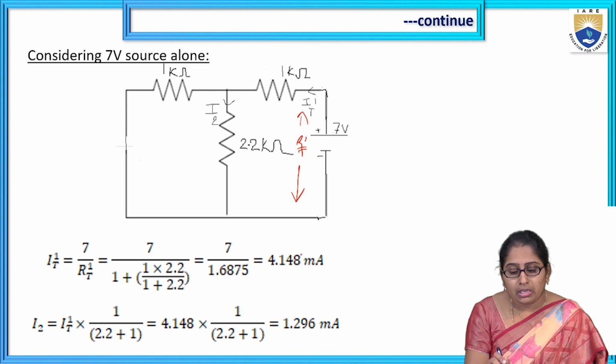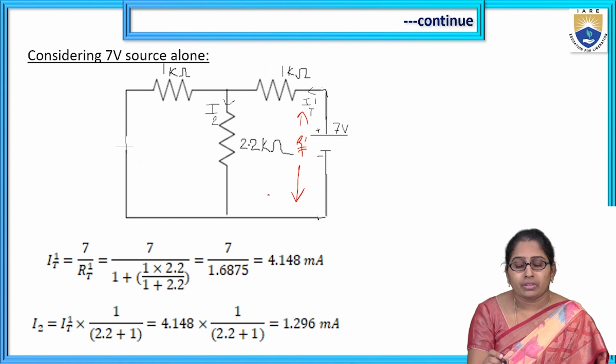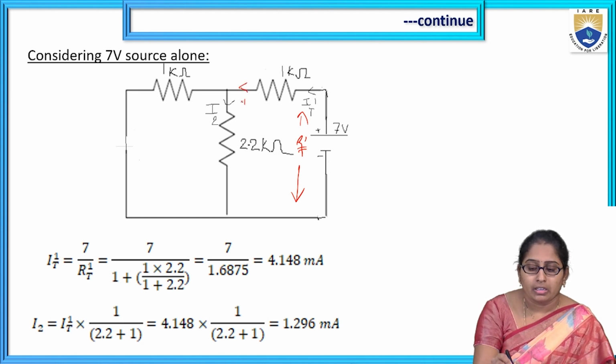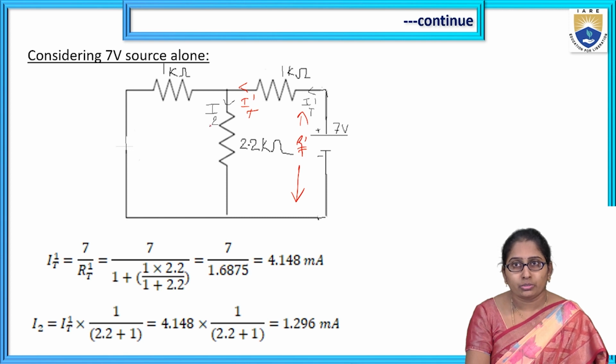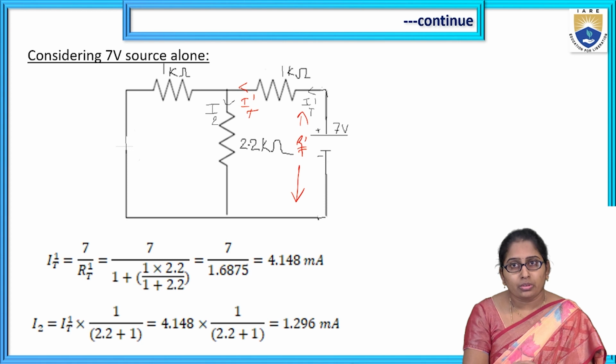Finally IT dash is given by 4.148 milliamperes. After this, we want to know I2, the current in the 2.2K. So again apply the current division rule.